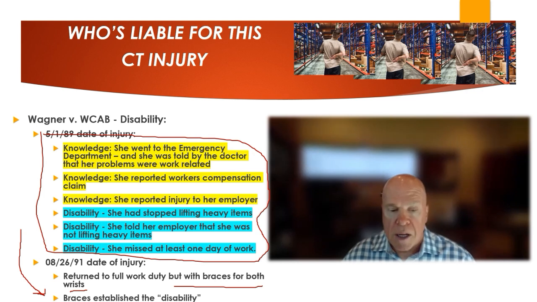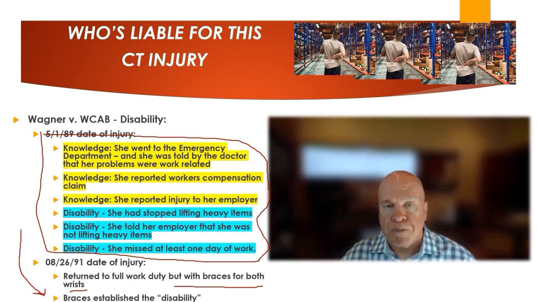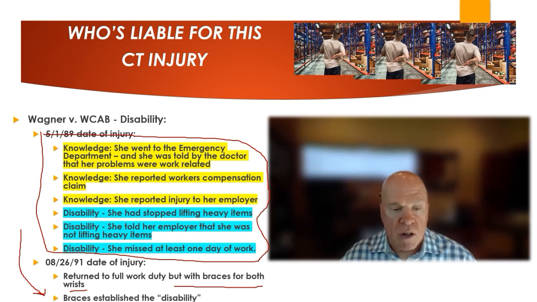But it was the braces that established the disability. So in the Wagner case, the disability was established by the medical need for orthopedic devices. Isn't that interesting? Well, let's take a look at another case and see how these issues relate to the date of injury in a completely different type of case.